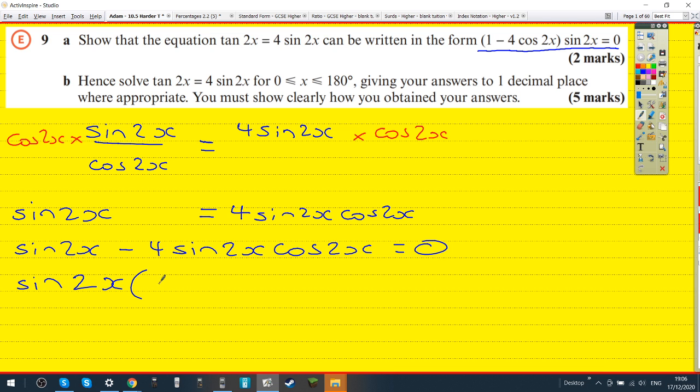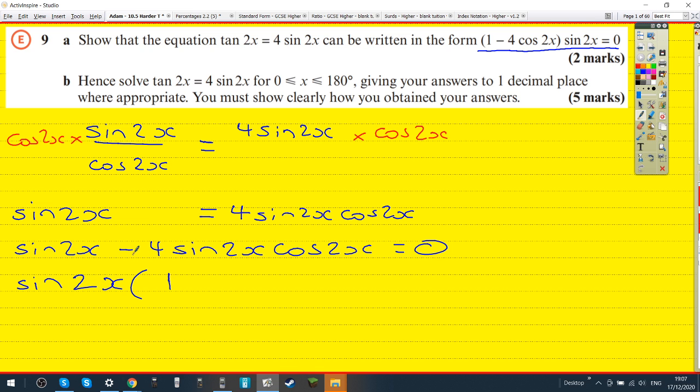Oh, and then we just put 4 sine. Factorize. Sine 2x times what gives you sine 2x? 1.